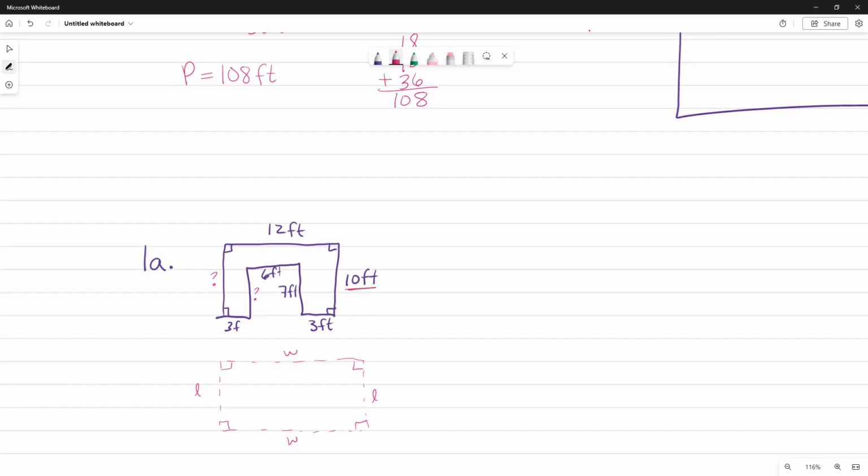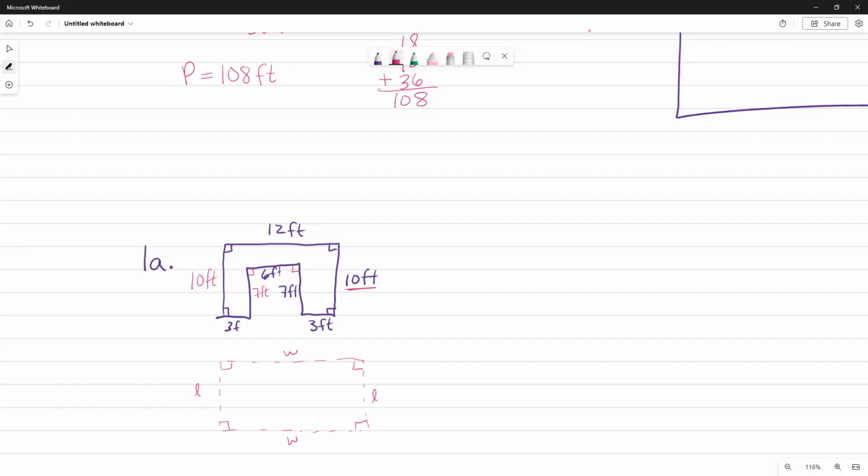So if that's 10 feet, and these are all right angles, this is also 10 feet. The interior, they don't give it to you, but because we're going to assume that these are also right angles, that interior left side is going to be exactly the same length as the interior right side. So these also match. This one's going to be 7 feet.